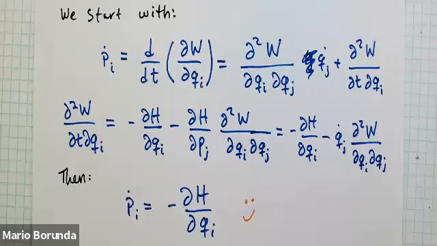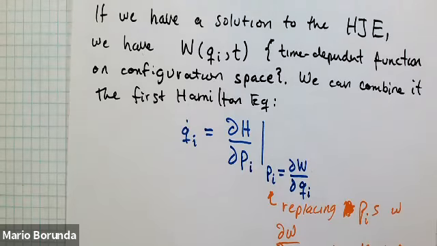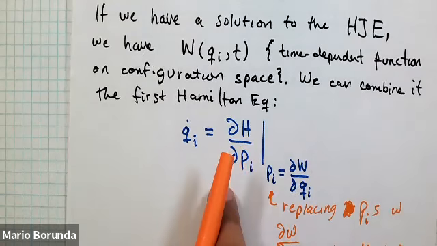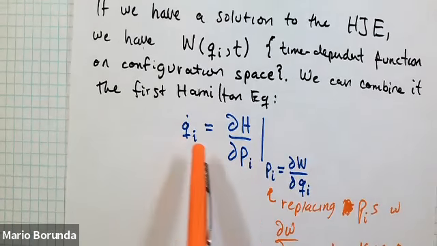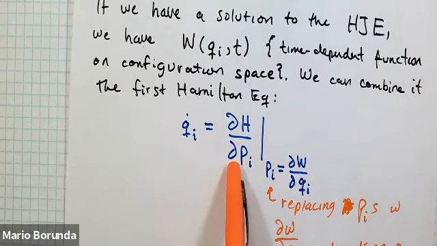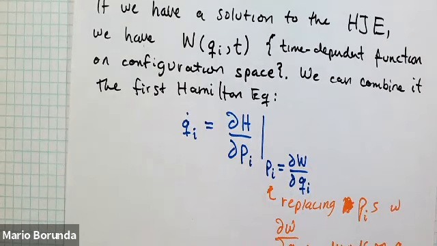All right, so what do we have now? With the Hamilton-Jacobi approach, we have n integration constants in this W function, and we're left with this monster right here, which is a first order differential equation on configuration space.